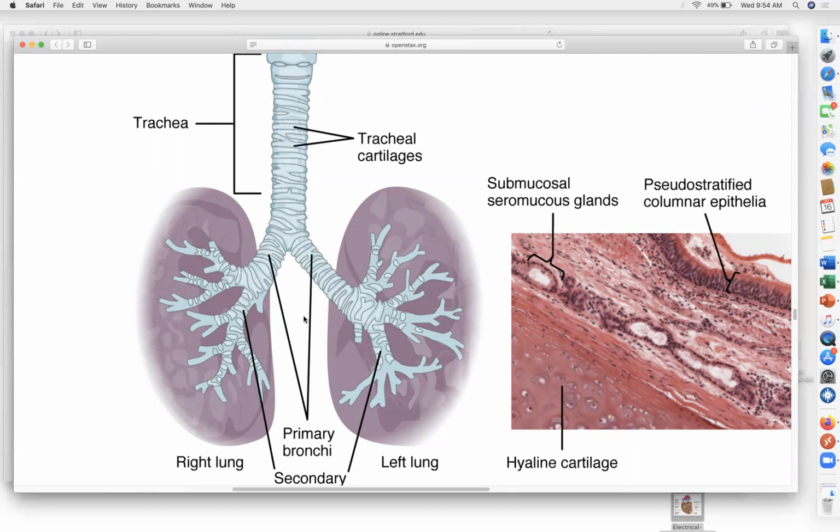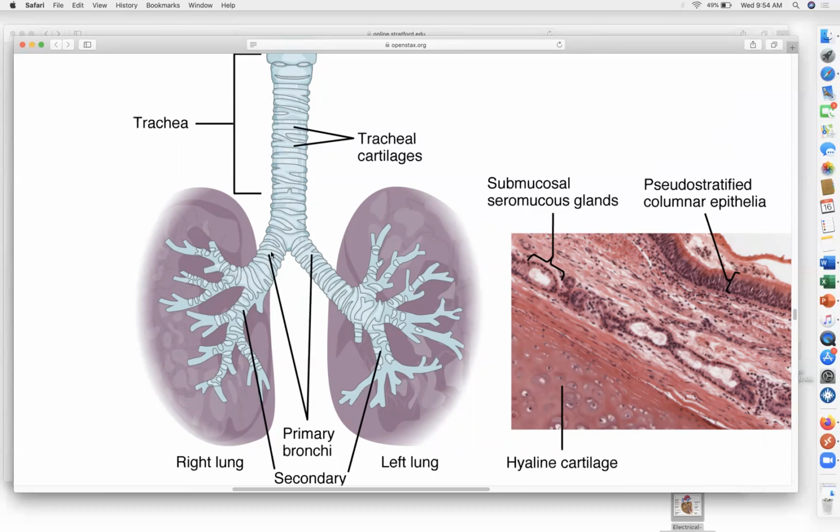Therefore, any foreign body that will accidentally drop into your respiratory system, like, for example, in the case of pneumoconiosis, like asbestosis, those fine particles such as asbestos or dust or coal dust can easily fall down, and will typically fall down more on the right side than the left.